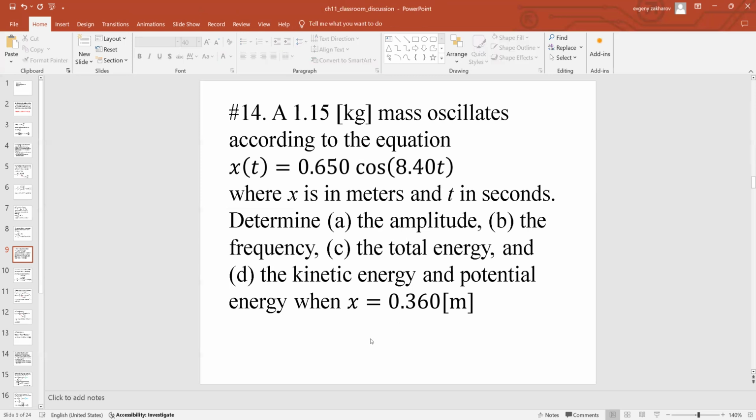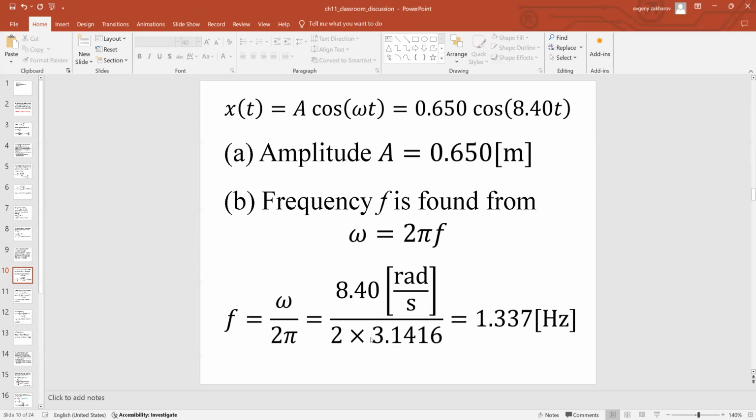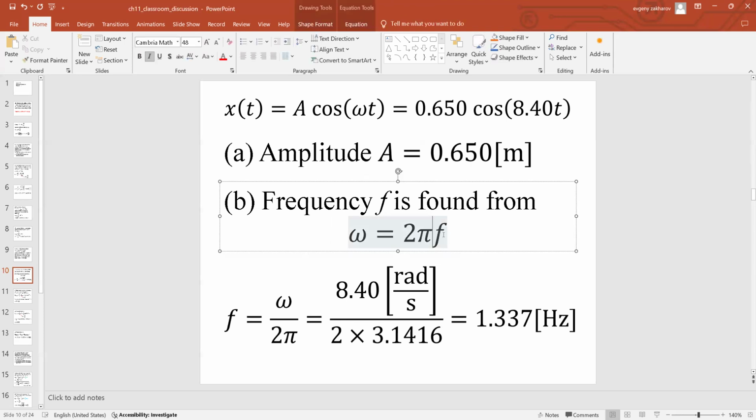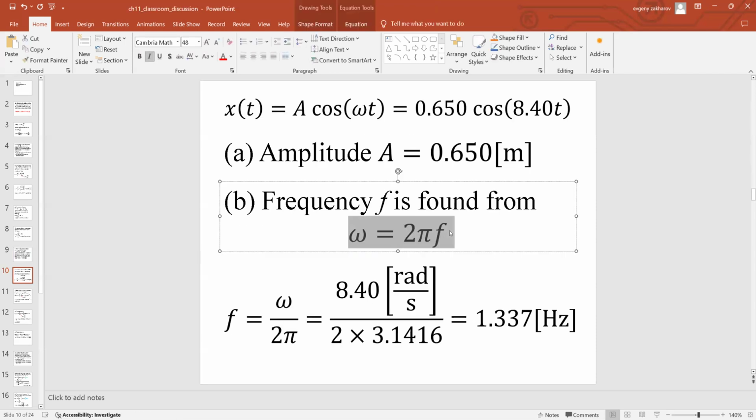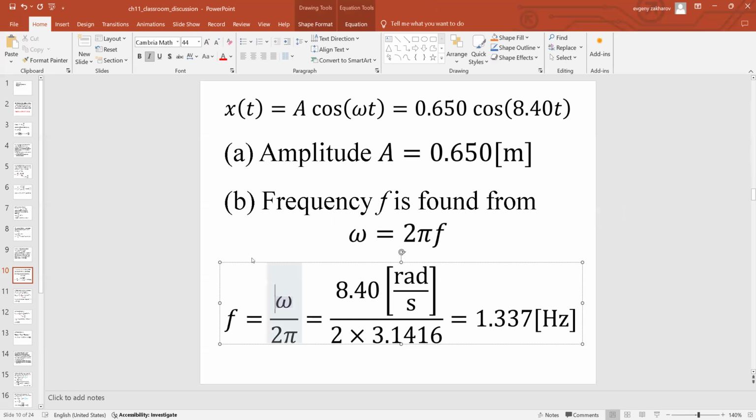Frequency. For frequency, first of all, it's frequency, not angular frequency, right? The question is for the frequency. It's not the angular frequency. And you can see the connection between the two right here.